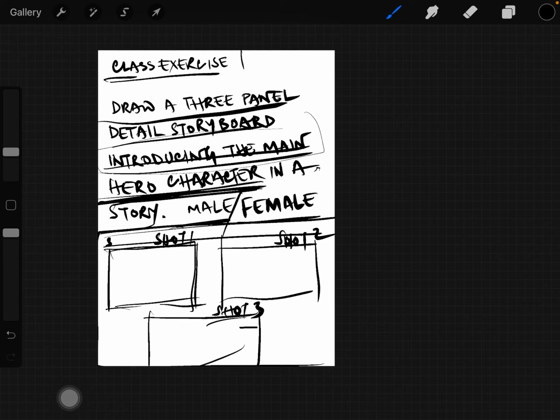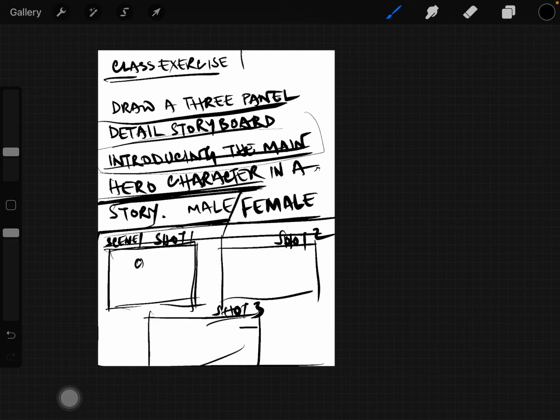This is scene 1, shot 1, right? So the beginning of your story, and this story is starting from the introduction of this character who is Mark, or whoever the character is, your main character, male, female. Got it? You need to introduce that character in these 3 shots, only in 3 shots.